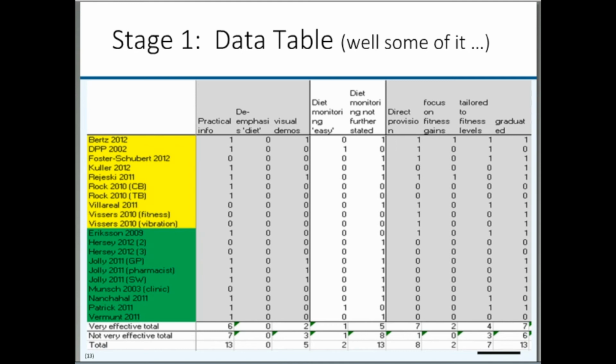And direct provision is an intervention component that, from our theory, which we developed by undertaking a qualitative synthesis of evidence of the views of people either receiving or delivering weight management programs, was one of the key factors they raised as enabling them to self-regulate their own healthy lifestyle: having direct provision of exercise within the programs.